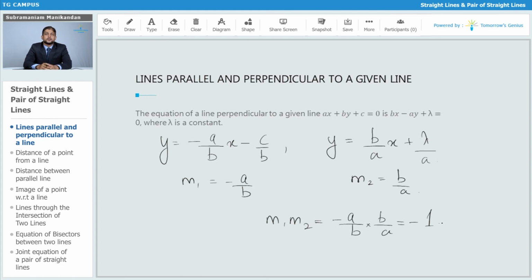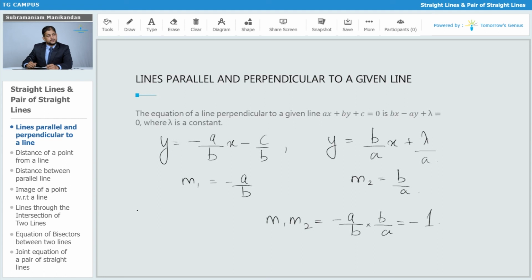Thus we can conclude that the equations of two straight lines which are perpendicular to each other will be of the form ax plus by plus c equals 0 and bx minus ay plus lambda equals 0. That is, interchange the coefficients and put a minus sign on one of them.